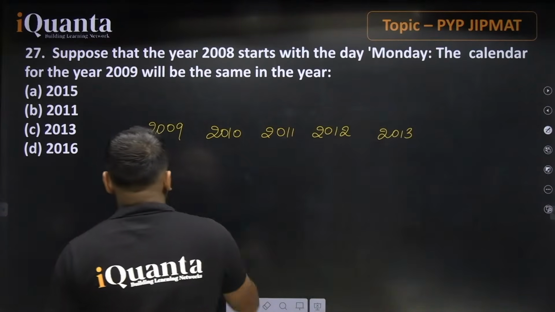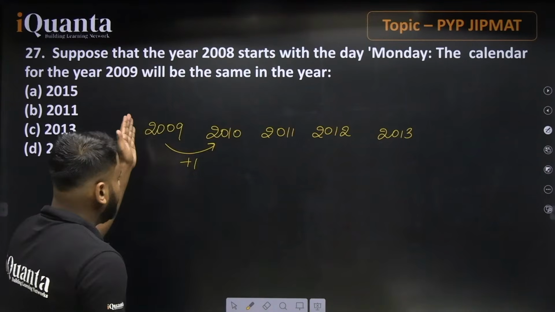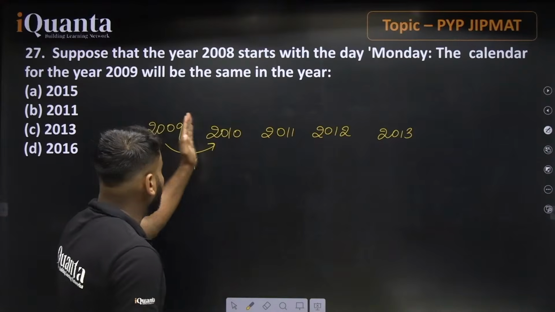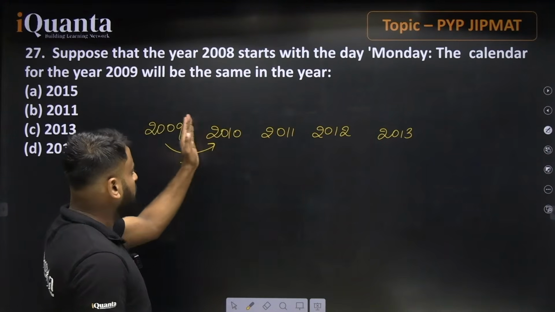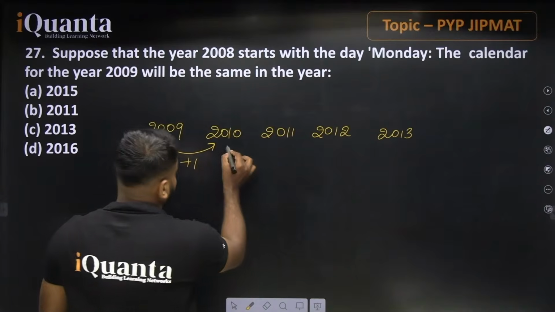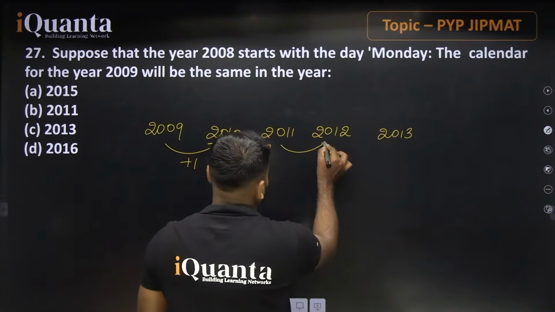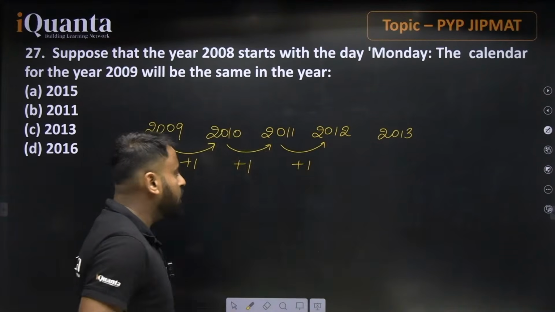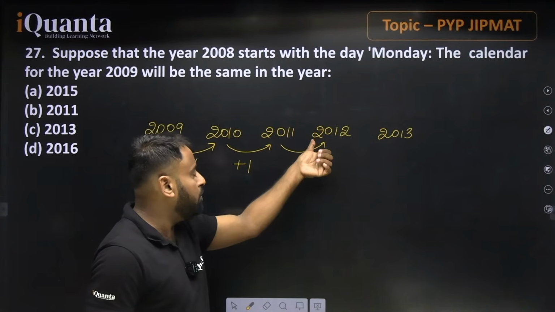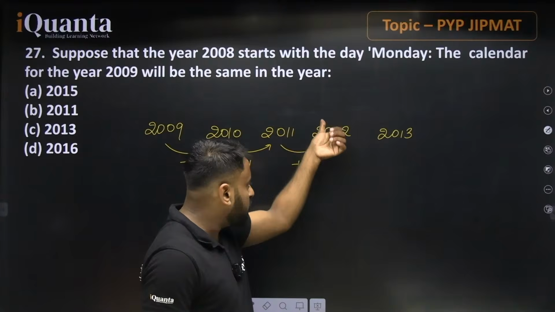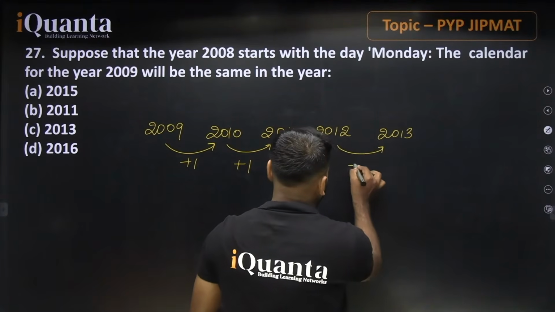Beta, remember for 2009 you will add 1, because 1 January 2009 to 1 January 2010 is one non-leap year. For a non-leap year you always add 1. 2010 to 2011 you will add plus 1. For 2011 to 2012 you will again add 1, because 1 January 2011 to 1 January 2012 is not a leap year. The leap year begins from 1 January 2012 to 1 January 2013. Now this is a leap year, so you will add 2 over here.